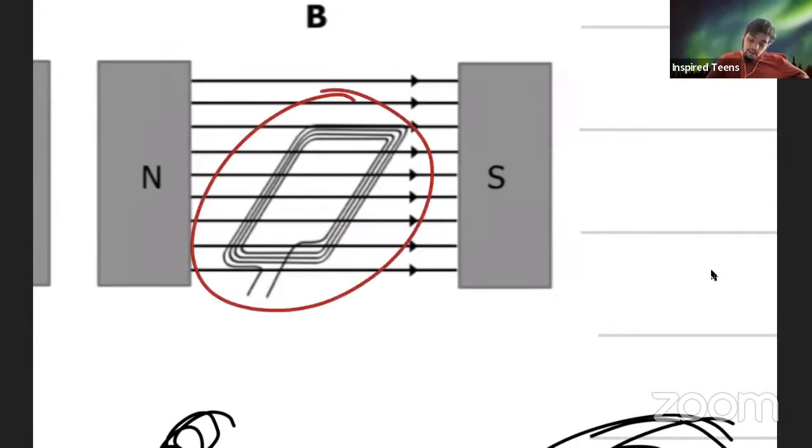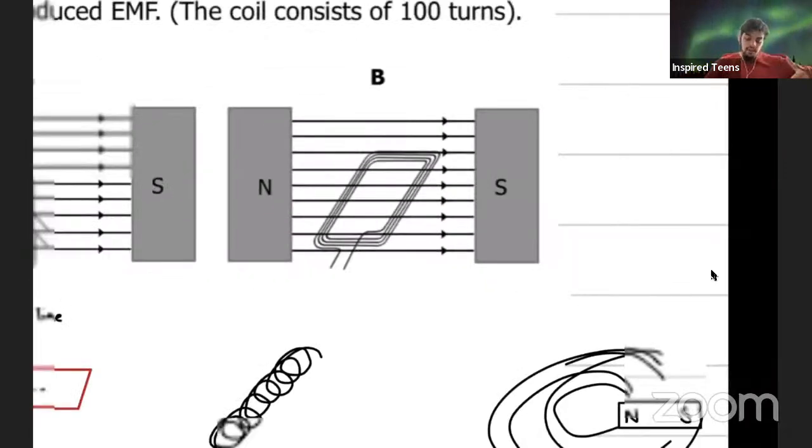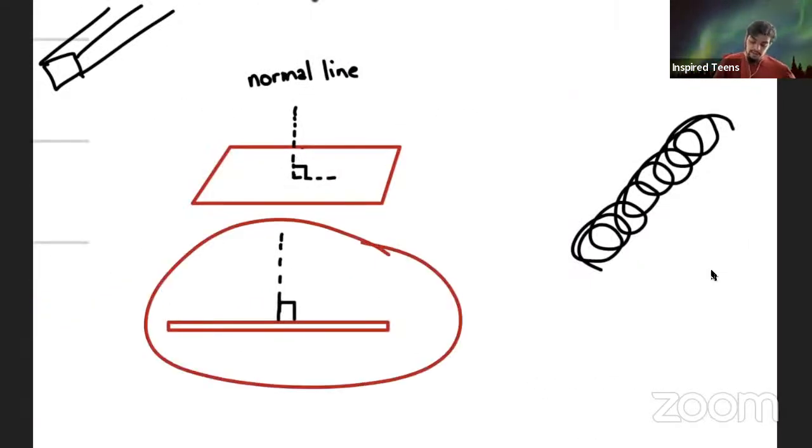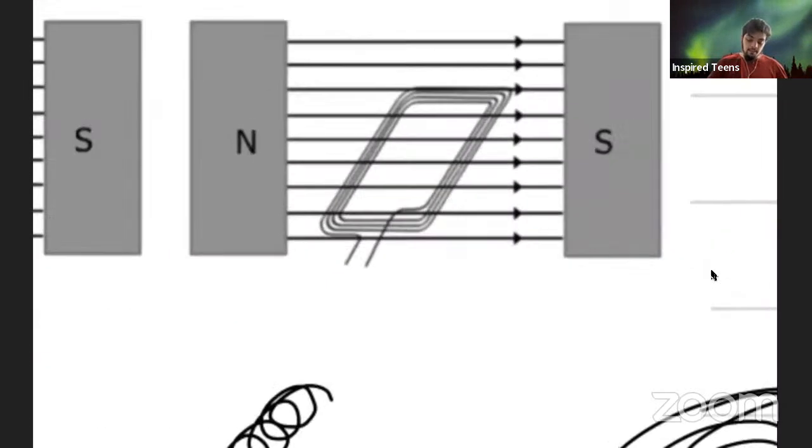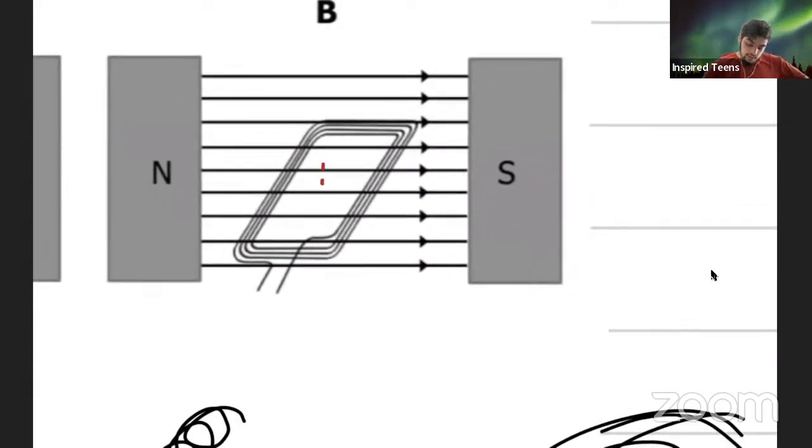It's just drawn at an angle so that we can see it, because if it were drawn flat, all we would see is this, a very weird angle. So the normal line here is 90 degrees to the surface.